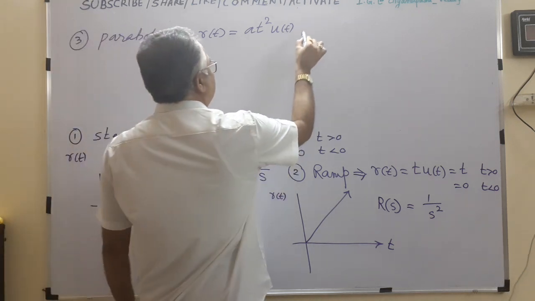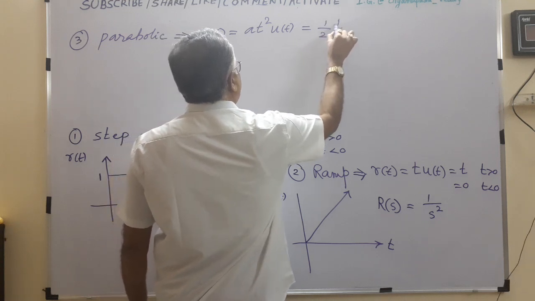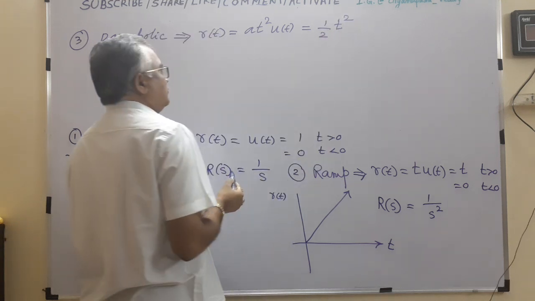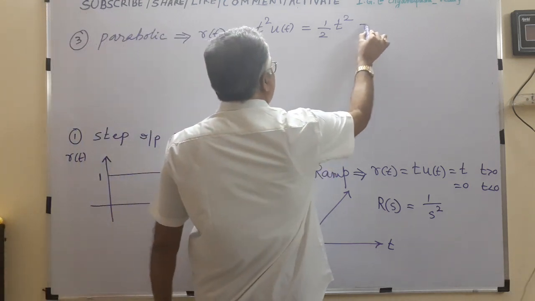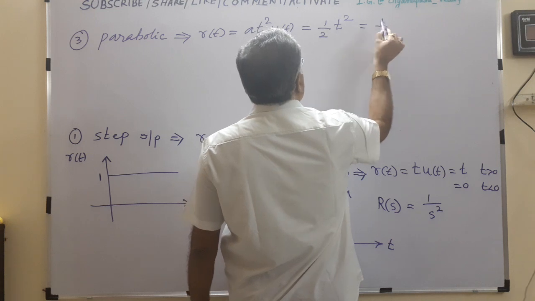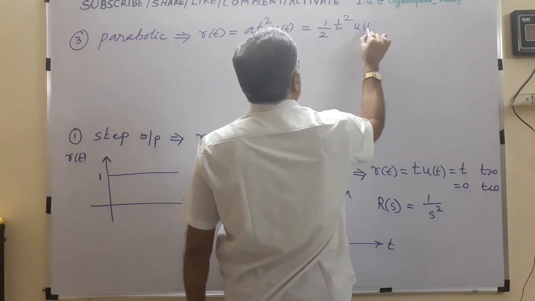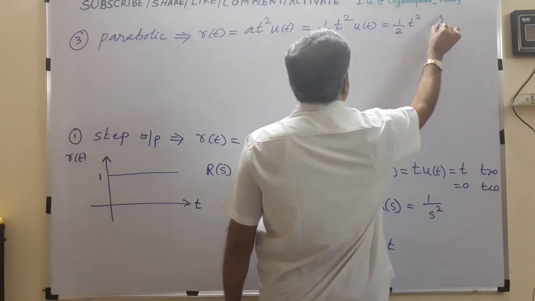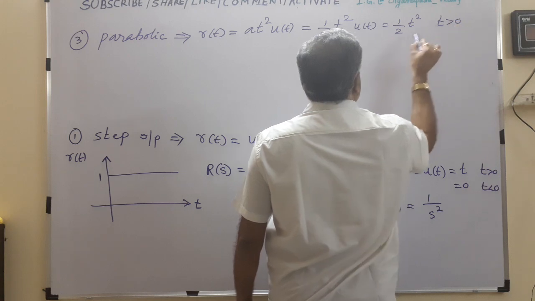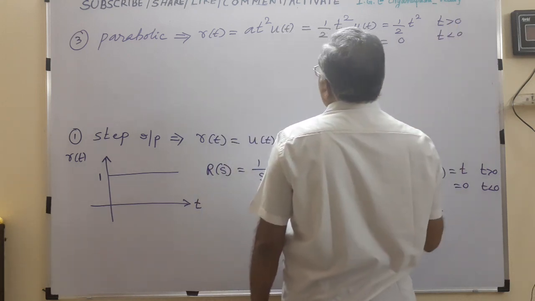But in this subject generally we take 1 by 2 t square. We take a as 1 by 2. So this is equal to 1 by 2 t square for t greater than 0, equal to 0 for t less than 0.